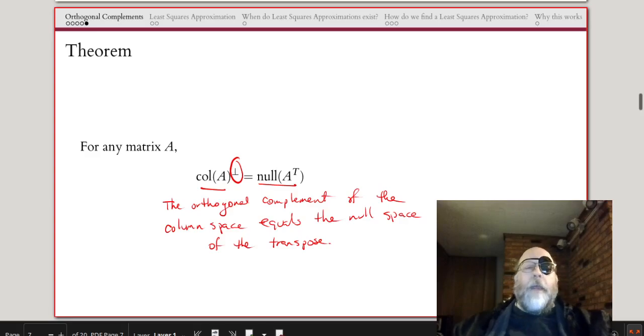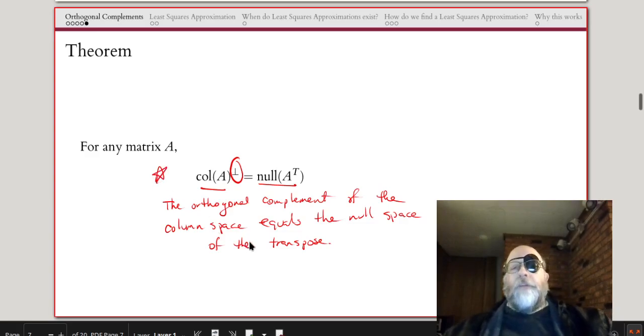And so we have a way of calculating the orthogonal complement of the column space because we can transpose the matrix and then solve a homogeneous equation. And we will use this fact later today, but I want to move on to something else first.